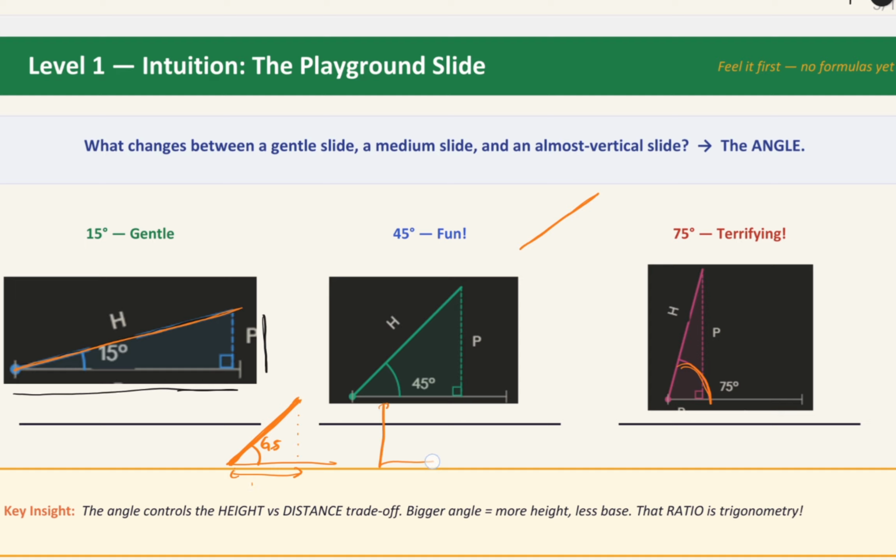But if I have a smaller angle, say 50, I will have a larger horizontal distance. So remember these things.